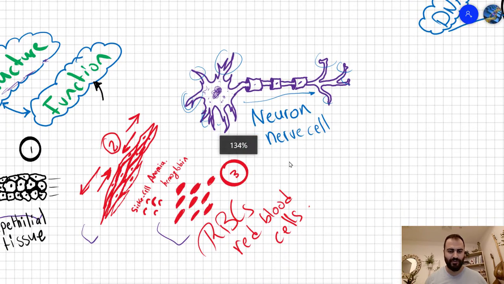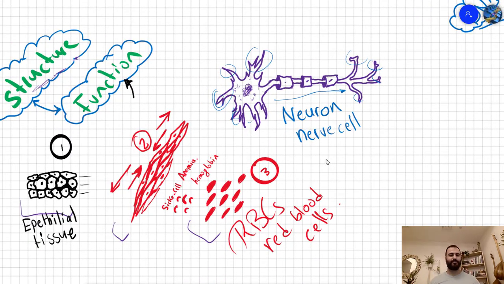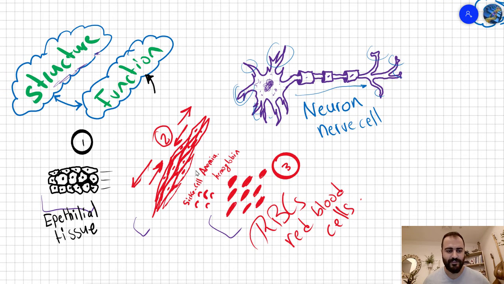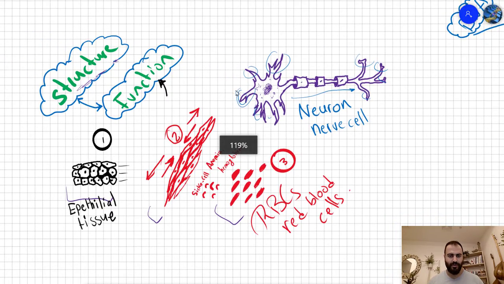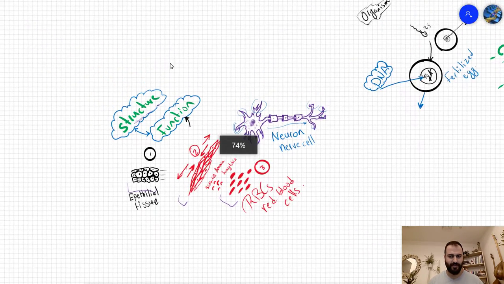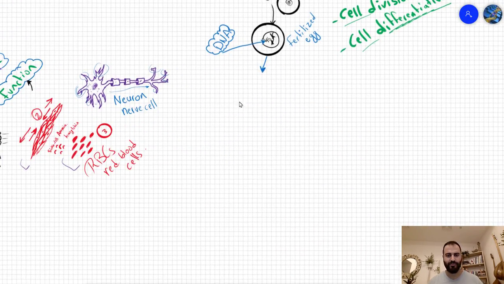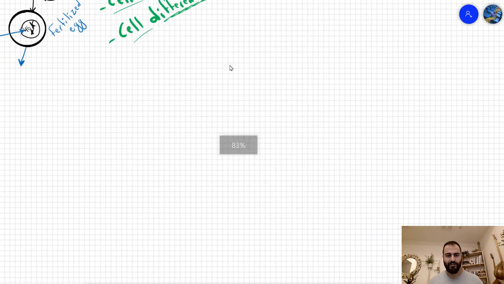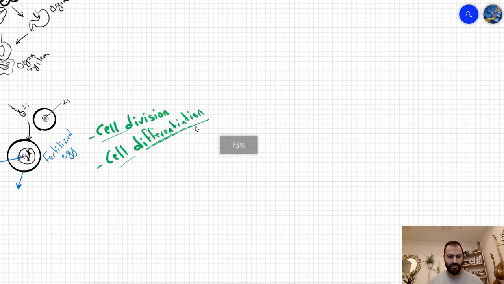So these are 4 types out of many other types in the body, and every type has a certain structure and a certain function.